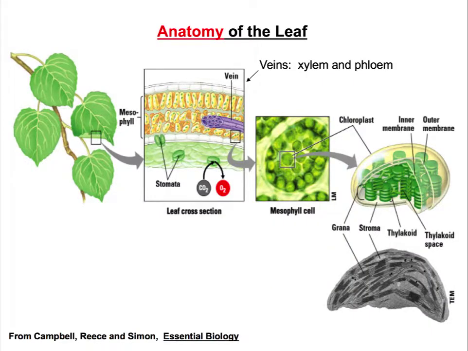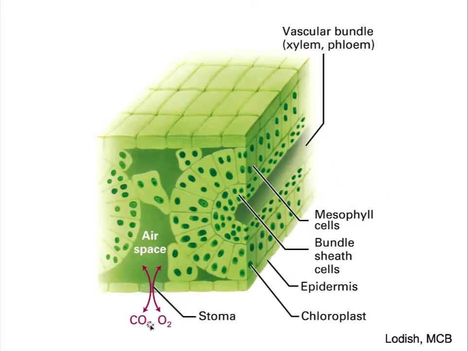For students not familiar with chloroplasts, chloroplasts are organelles. Organelles are found inside plant cells, and those plant cells make up all the structures within the leaves of a plant. The entry of gases, carbon dioxide and oxygen, is controlled by guard cells which make the stomata opening.